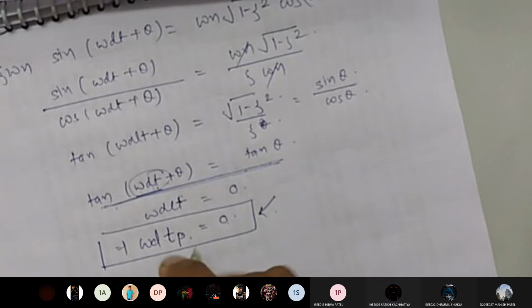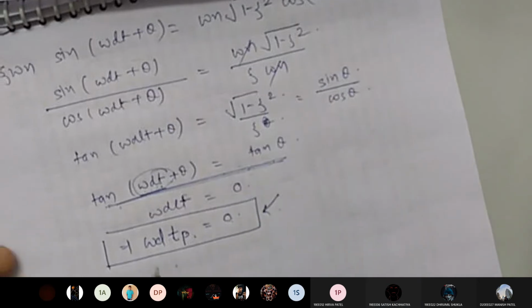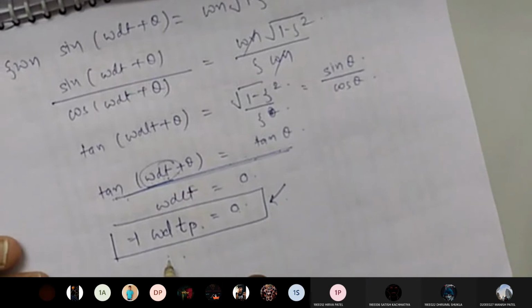Tan 0, in terms of pi, it will be n pi. You will be having omega dTp is equal to n pi.